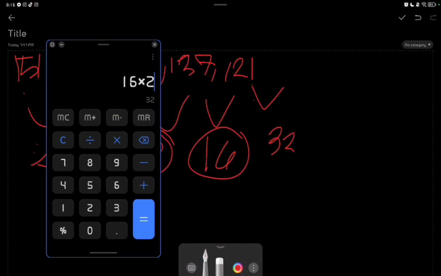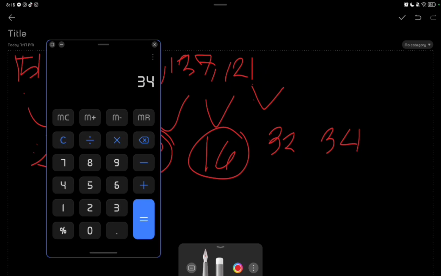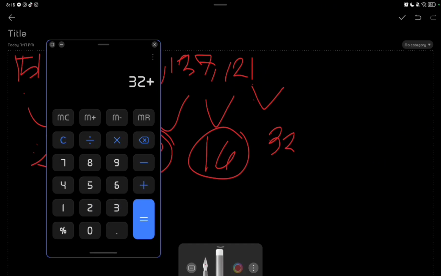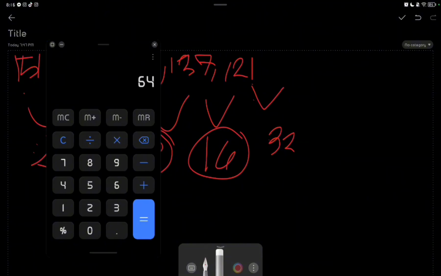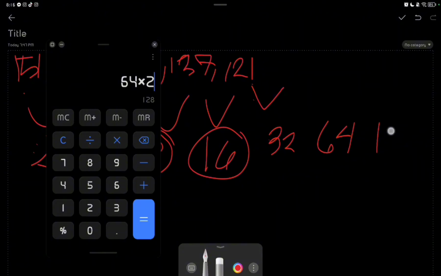And then the next is 32 times 2, it is 64. Oh wait, I'm wrong here. And then 64 times 2, it is 128.